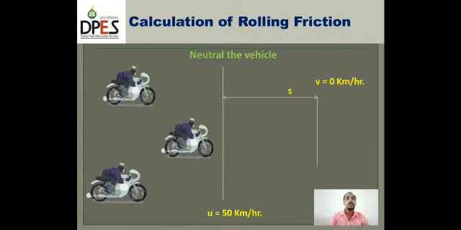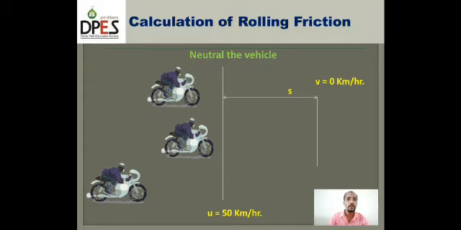Now let's discuss the procedure of this experiment. Initially you have to draw one line on the road surface with the help of chalk. Then you have to move a sufficient distance backward from that line. Then start riding the vehicle with a speed of 50 kilometers per hour.